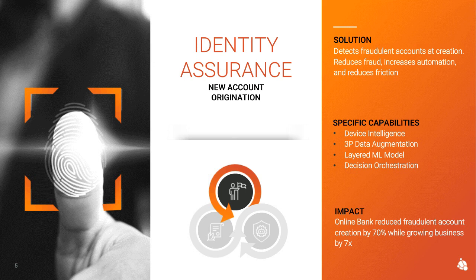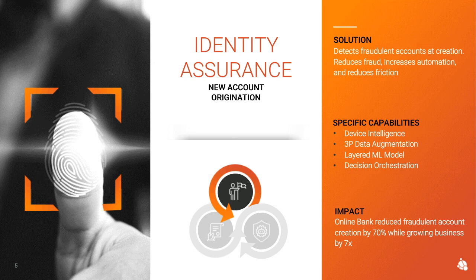We use third-party augmentation and third-party intelligence specifically for identity proofing, where we rely on partnerships with Socure, and then we build and deploy our ML models using all of the data from the third-party intelligence, identity data, device intelligence, and then put all of that in our machine learning models.